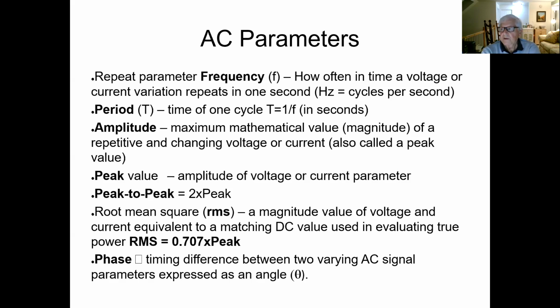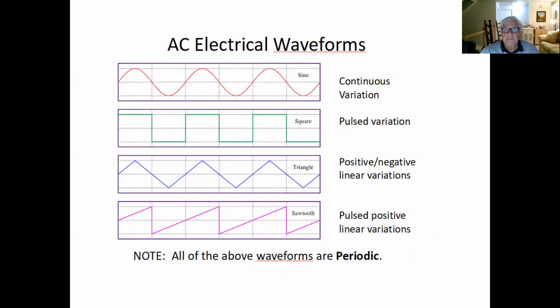So V RMS is equal to 0.707 times V peak, and I RMS is equal to 0.707 times I peak. And then finally, we have a phase, which is a timing difference between two varying AC parameters, and we express that using an angle, normally theta.